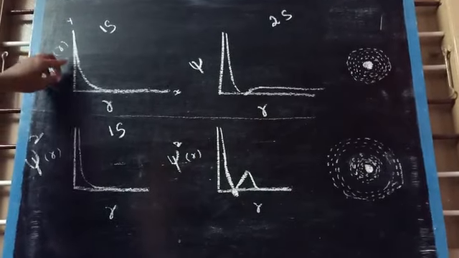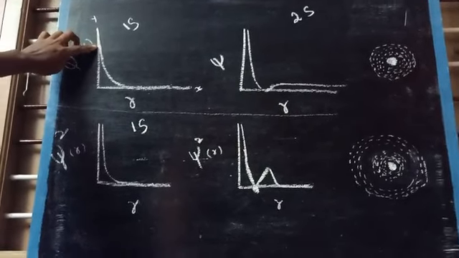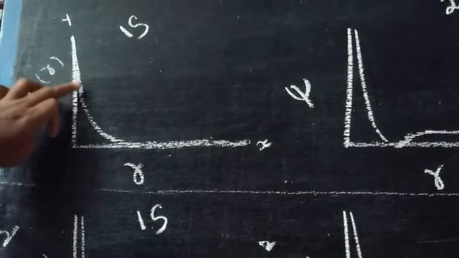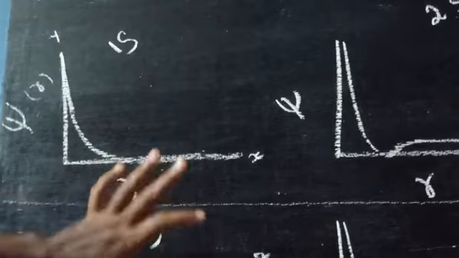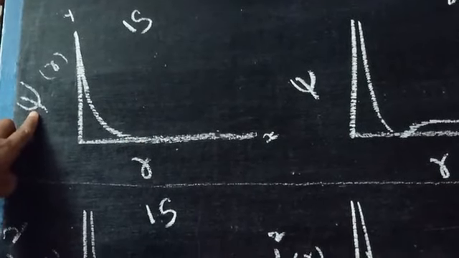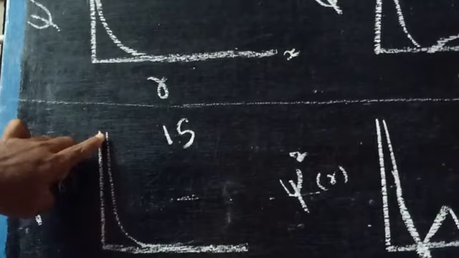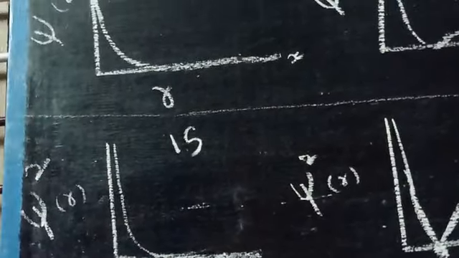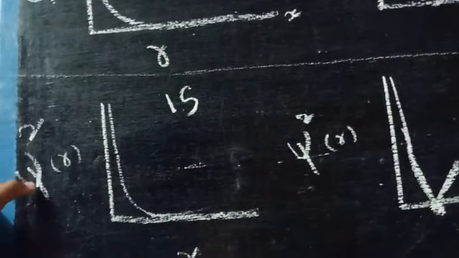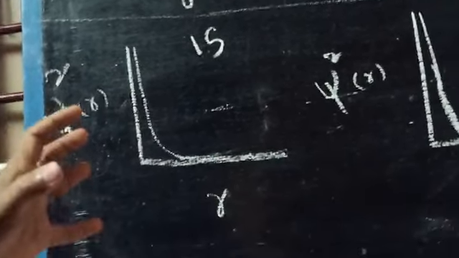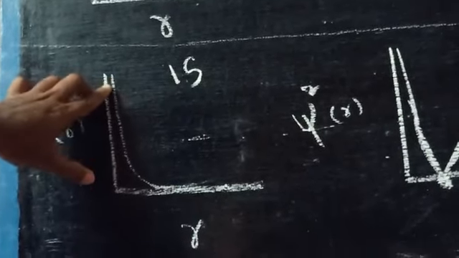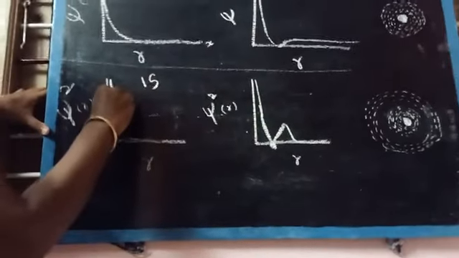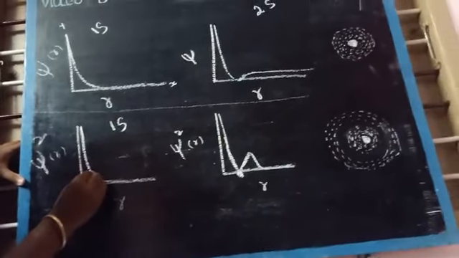Okay, so from this graph, see here, this line here is 0. The same line keeps coming, and the next one reaches this R. That is the amplitude. So here we can get a clear graph. From this graph we come to the conclusion about the probability density, the electron density, that it decreases.